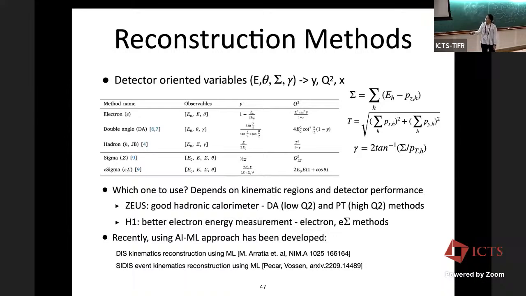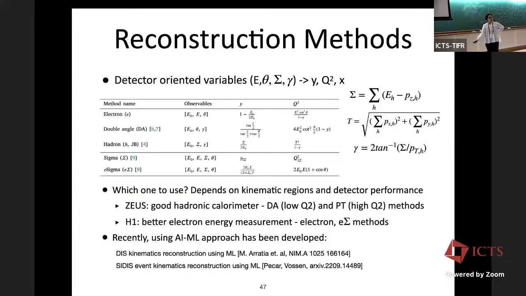H1 had a better electron measurement, so they used the electron method and some other so-called sigma method. And this hadronic method, if you look at it, doesn't need to know anything about the scattered electron information. So if you have a region with acceptance where you cannot measure the scattered electron, then you can use this hadronic method.